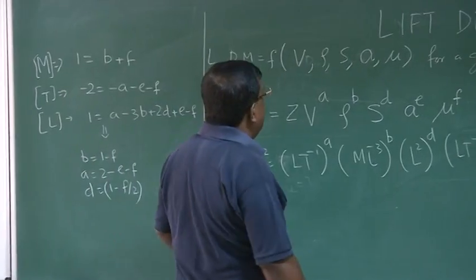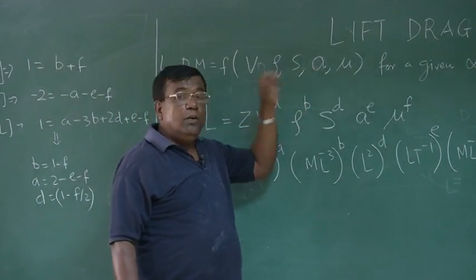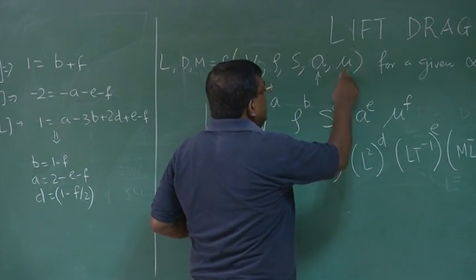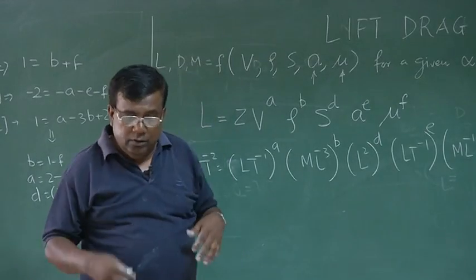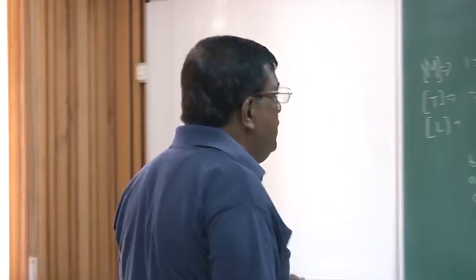Then area, yes, we all agree. Then this is the velocity of sound. We will come back to this. And this is the kinematic viscosity or coefficient of viscosity. That will decide what is the sticking property of the fluid with the body, right? How dense it is. Okay, that's the coefficient of viscosity.